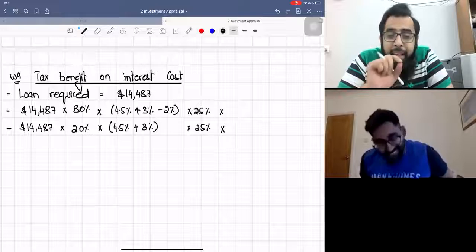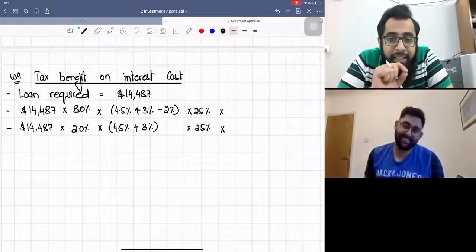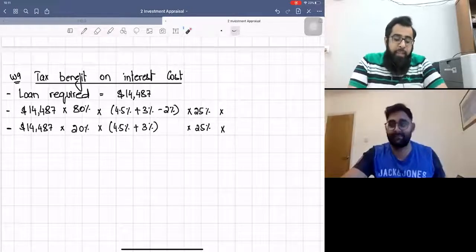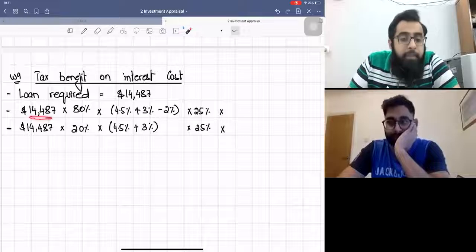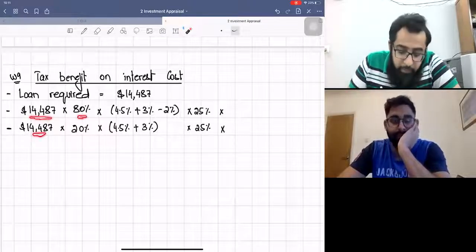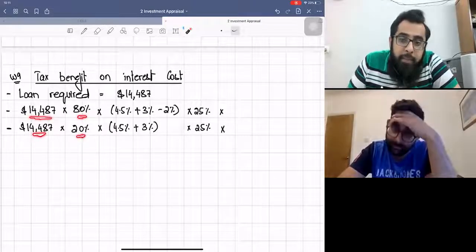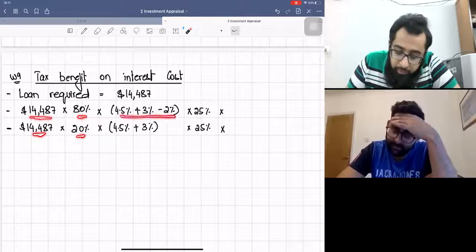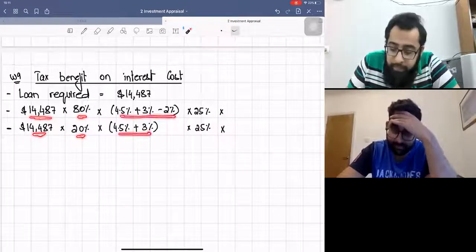Okay? You didn't get the point. 14487 is my finance required. 80% is from the government and 20% is mine. This is the rate of interest. This is the tax benefit.